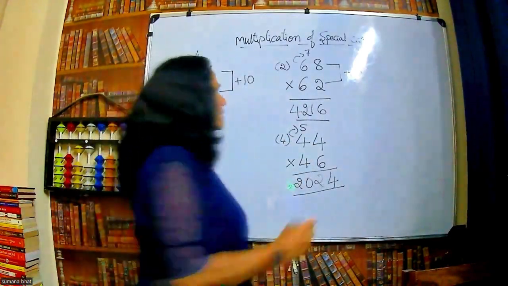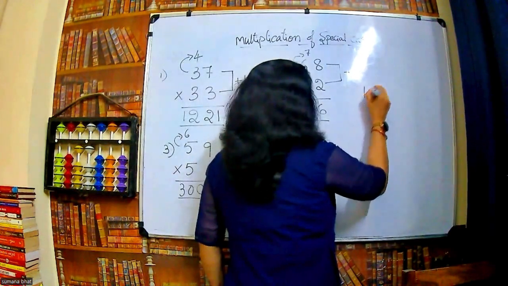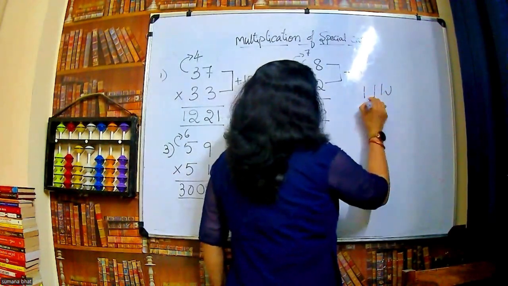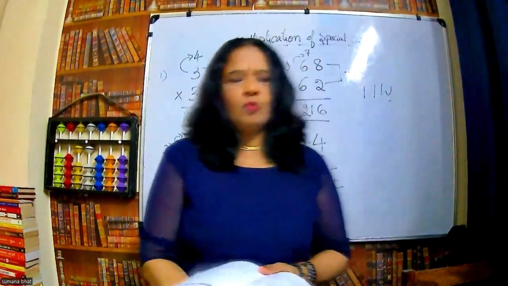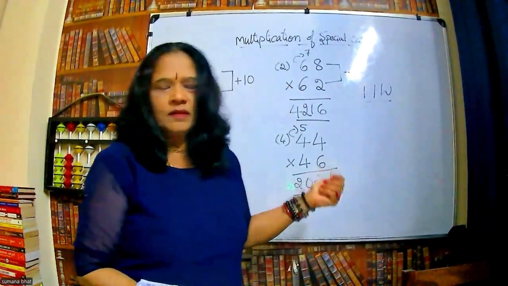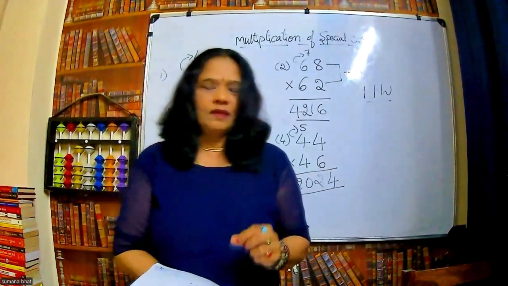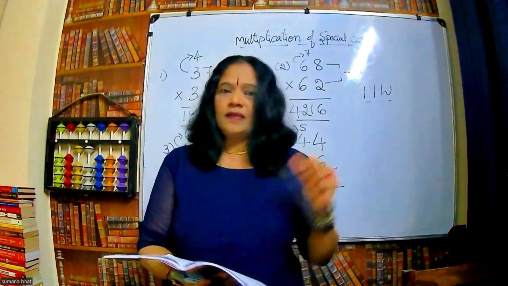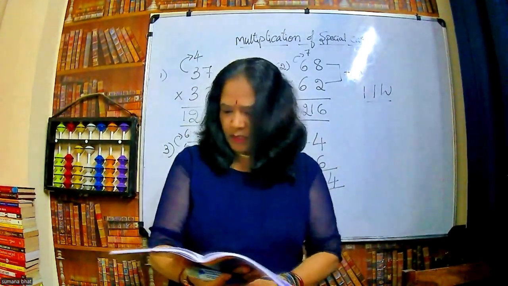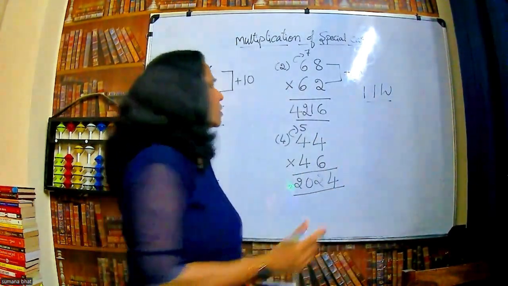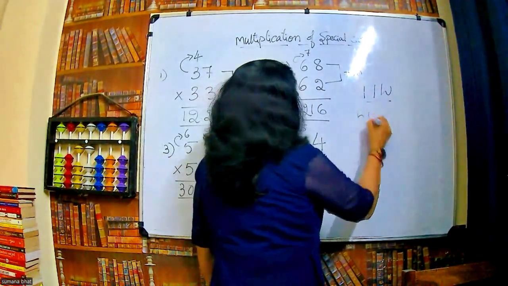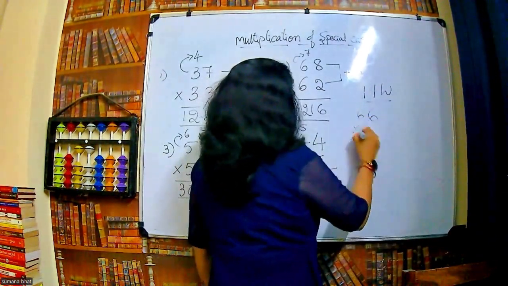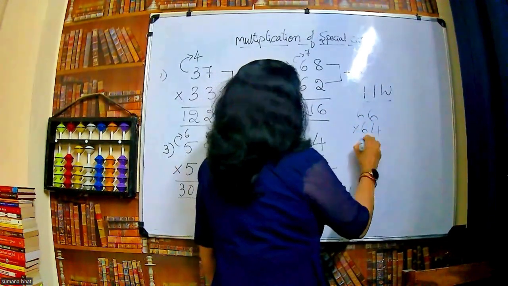I'll give you some questions as homework. Work them out by using the same sutra, Antyodashakepi, and find out these sums. What are the sums? 66 multiplied by 64.